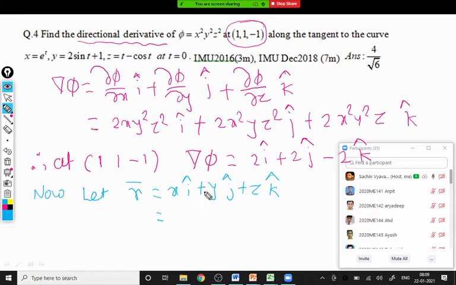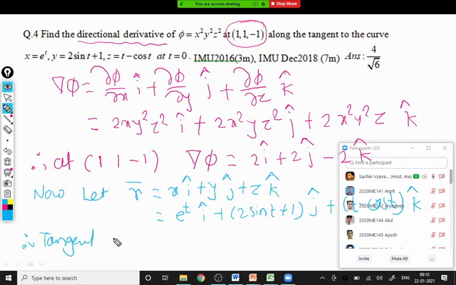So the values of x, y, z are given: e raised to t i cap plus 2 sin t plus 1 j cap, and the value of z is t minus cos t k cap. All these components of x, y, z are given. Therefore the tangent, which is t bar, is dr bar by dt.